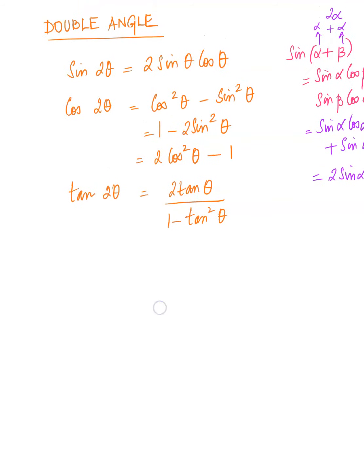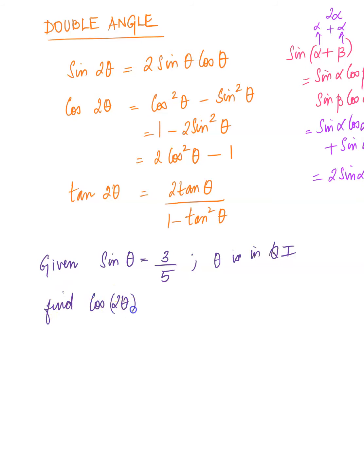Okay, we have the double angle. Now let's take a look at a problem. Given sine theta is 3 over 5 and theta is in quadrant 1, they want us to find cosine 2 theta.